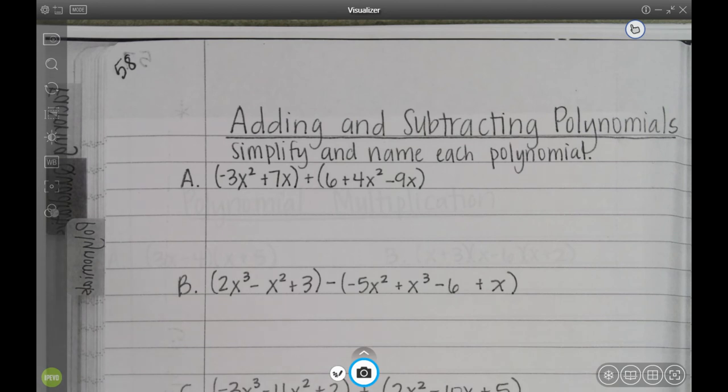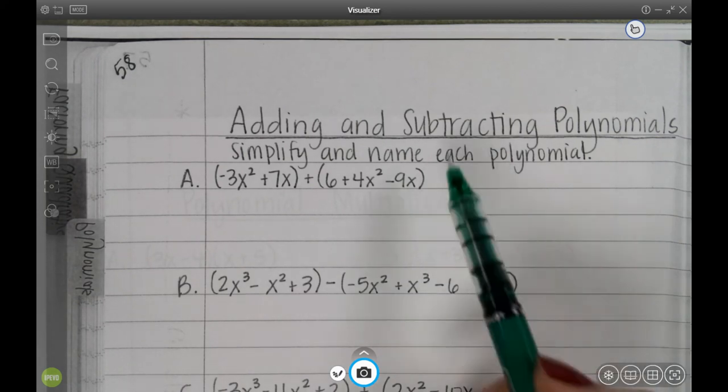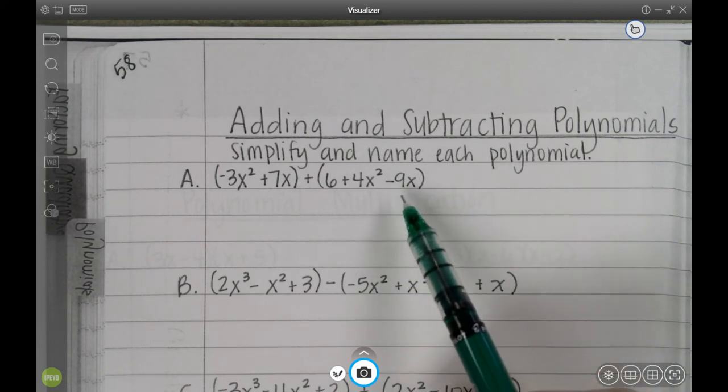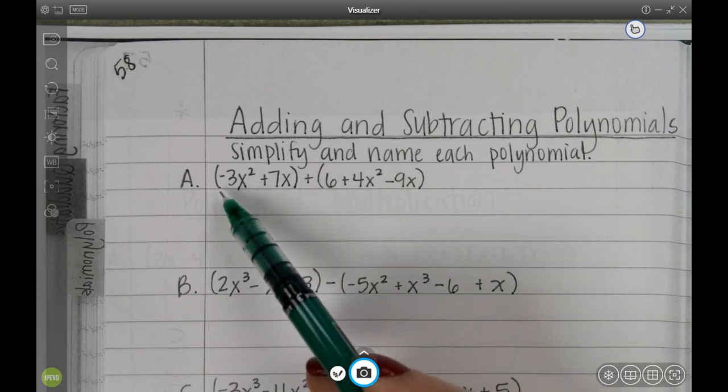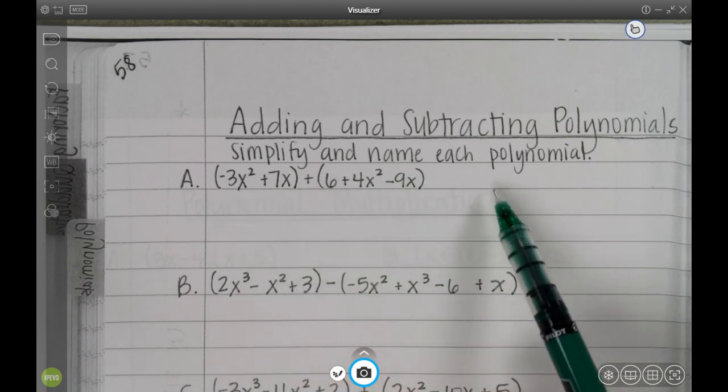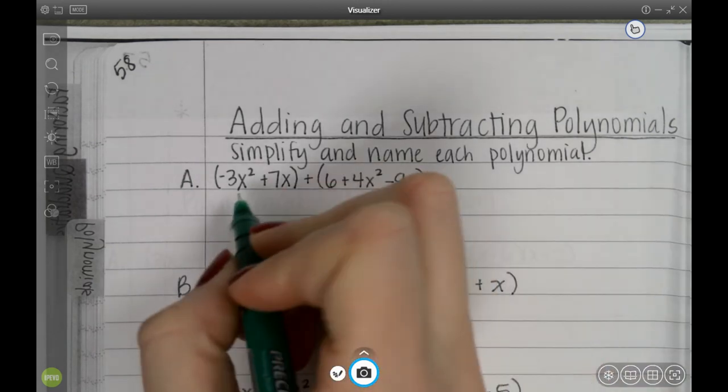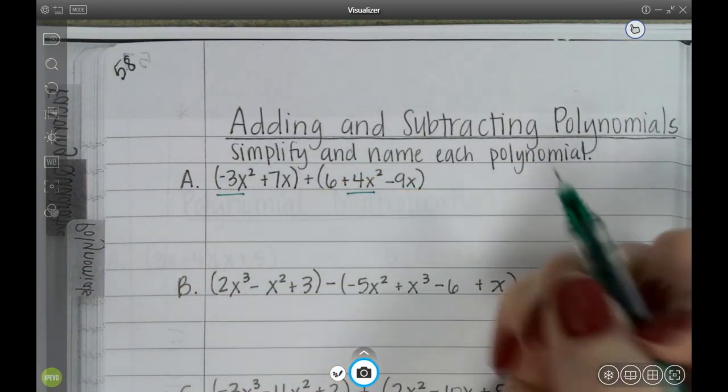Okay, adding and subtracting polynomials. It's just as easy as you remember. All you're doing is combining like terms. And we're going to put our answers in standard form, meaning we're going to start with our biggest exponent and work our way down to our smallest exponent. So I'm going to combine these x squareds first.